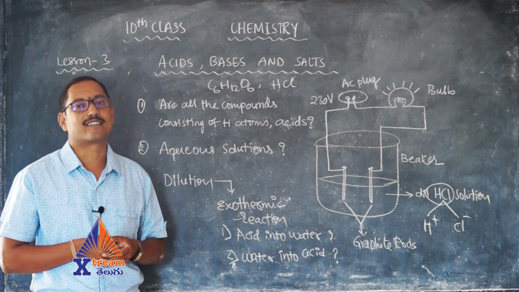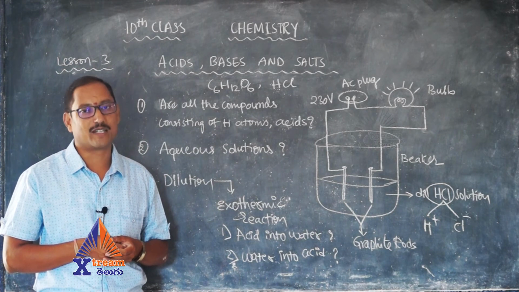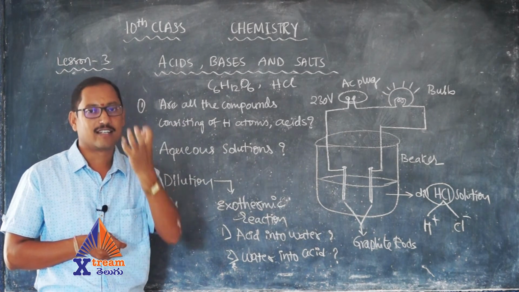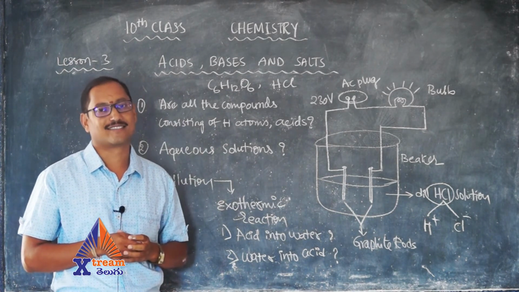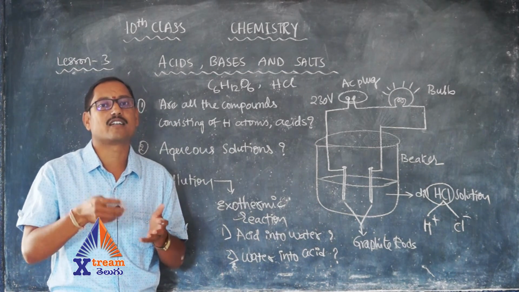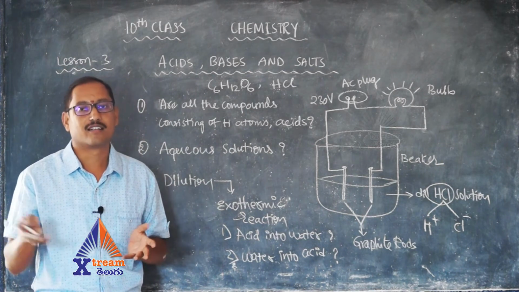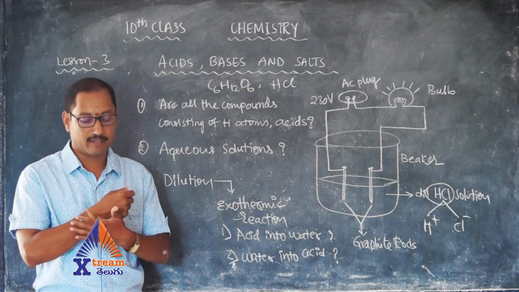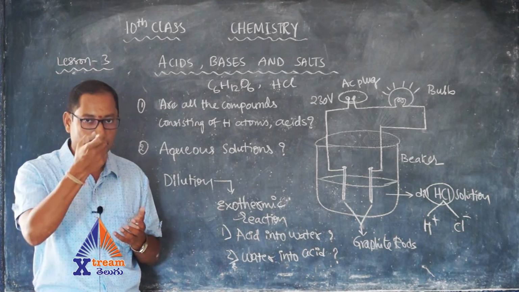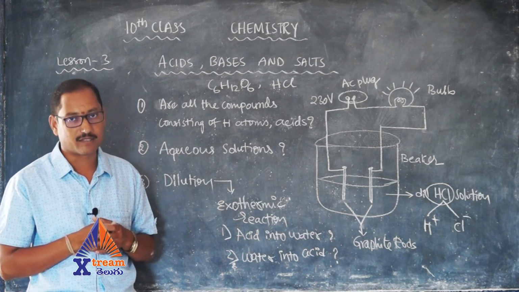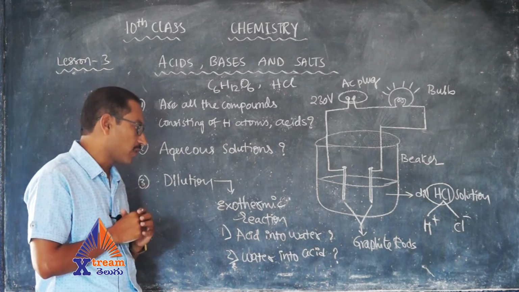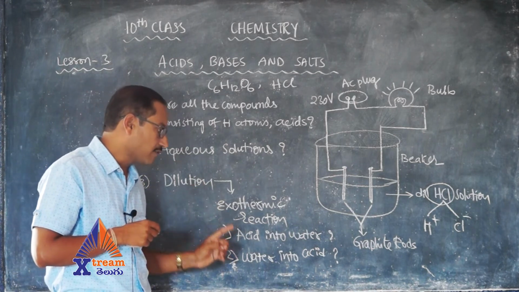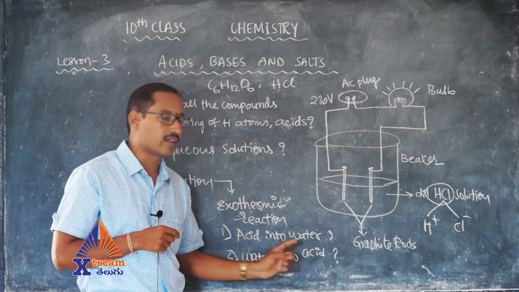You know very well that water is a universal coolant, meaning water has the ability to absorb heat because its specific heat is greater than any of the materials around us. So it absorbs the heat. It is a natural coolant. So the correct process is we have to add acid into water.